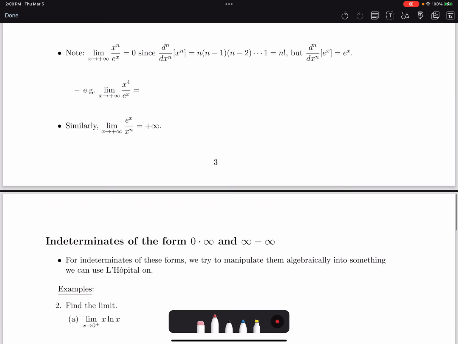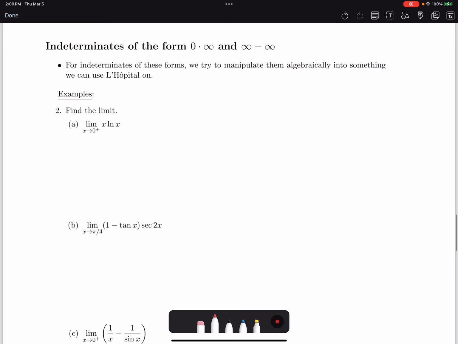Okay, let's talk about other kinds of indeterminates. If you have something like 0 times infinity or infinity minus infinity, then usually the trick on those is to manipulate them algebraically into something that we can use L'Hopital on. We wouldn't be able to use L'Hopital on a limit of this form because in order to use L'Hopital, we have to have 0 over 0 or infinity over infinity.